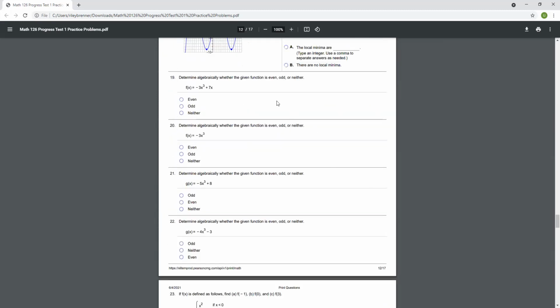Okay, so it looks like 19 through 22 would be the questions that you're looking for. I'll go through like one or two of them so that we can talk about why they're odd or even, but I would definitely recommend going through all of them.